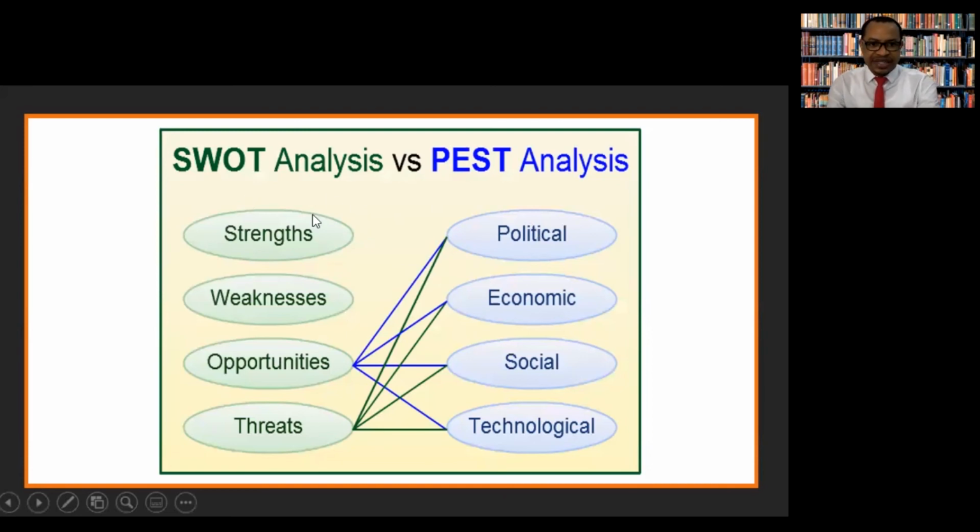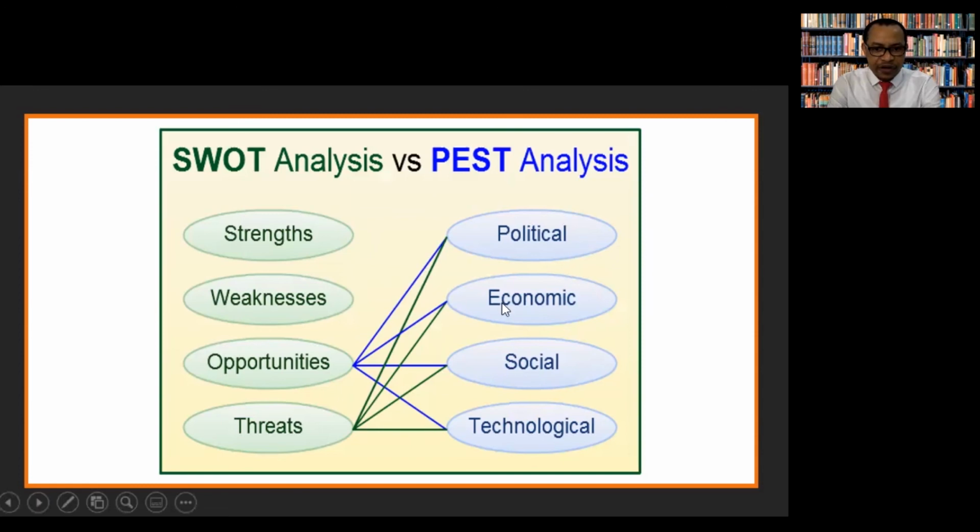So looking into this diagram, you could see your SWOT element listed on this side, while the PEST elements are listed on this side. Then you are looking into the political environment or the political factors. Are they going to be opportunity or are they going to be threat? The answers you will get from this question will determine your action.